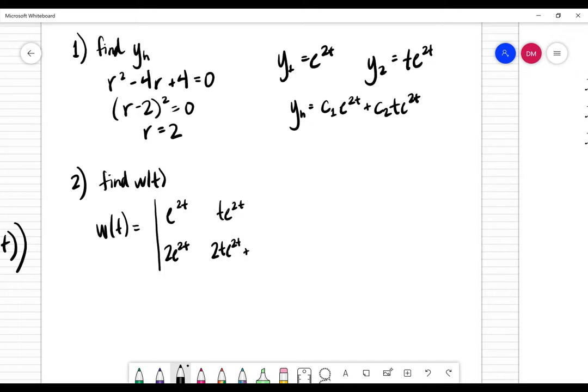And what you could do, if you want to, you could factor out your common factor here of e to the 2t in that derivative for y2. Factor it that way so you have a linear multiplied by that exponential piece, if that makes it a little easier for you to deal with that way. But for right now, I'm going to leave it like this just to go ahead and do my determinant here.